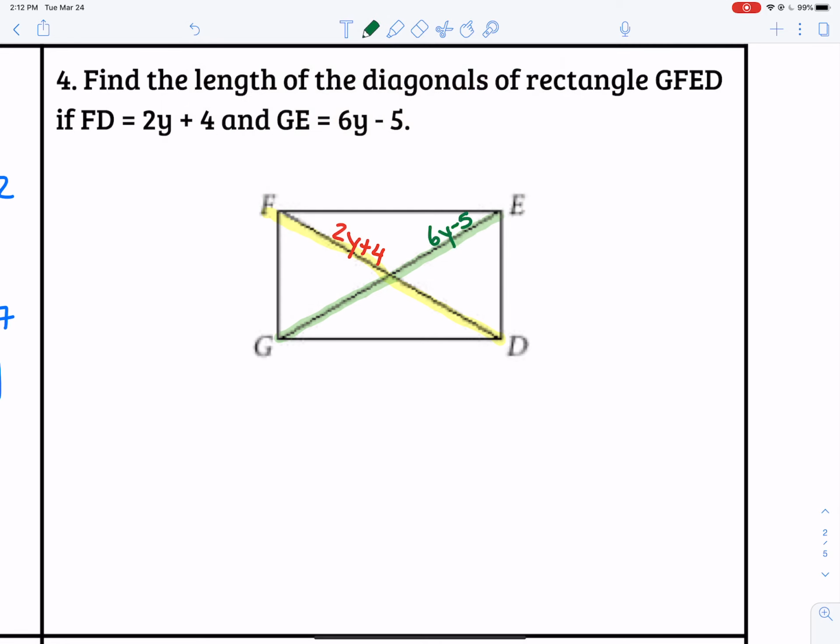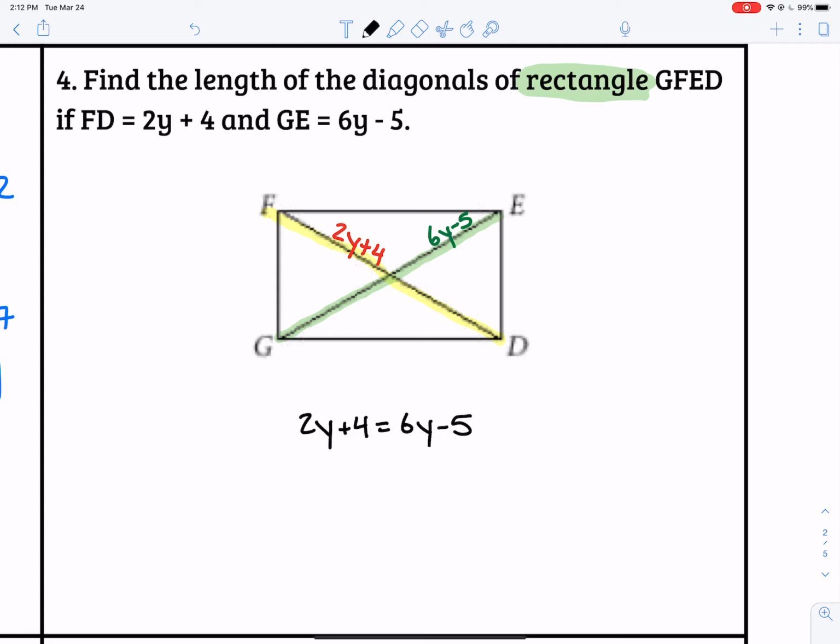So in a rectangle, because that's what they said this figure is, they need to state that for you to know that, because you can't assume that it's a rectangle without some more information. But we know it's a rectangle because they said that it was. And so we know the diagonals of a rectangle are equal in length. They are congruent. So we can say 2y plus 4 is equal to 6y minus 5.